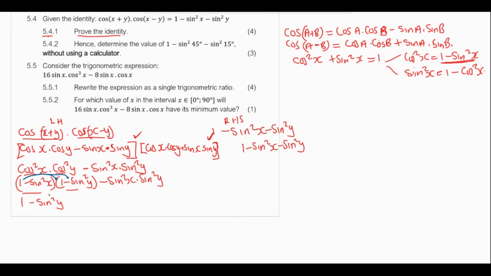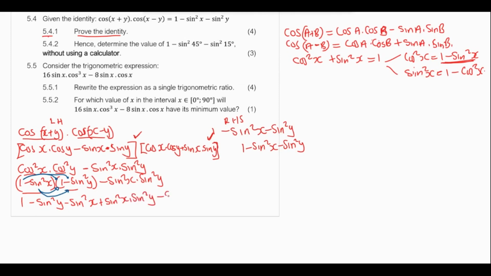And then we've distributed 1. Distribute negative sin²x: negative sin²x times 1, we get negative sin²x. And then negative sin²x times negative sin²y, we get positive sin²x times sin²y.